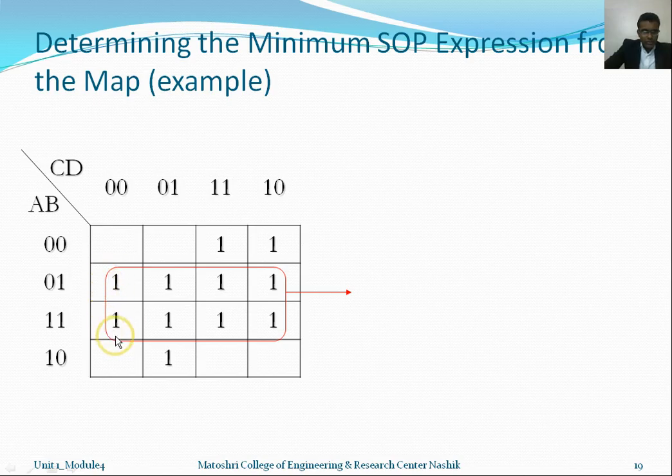For this example, we are making the group of this octa. From the row side of AB, we have to see that the value of AB is 0-1 and 1-1, switching from 0-1 to 1-1.